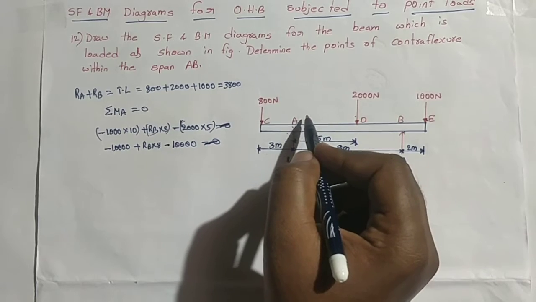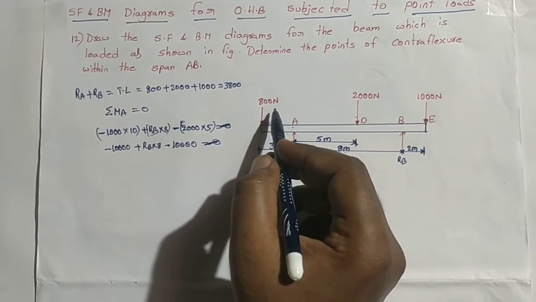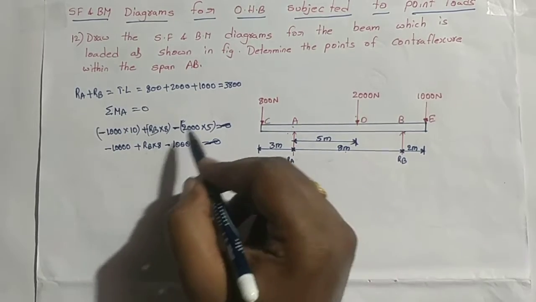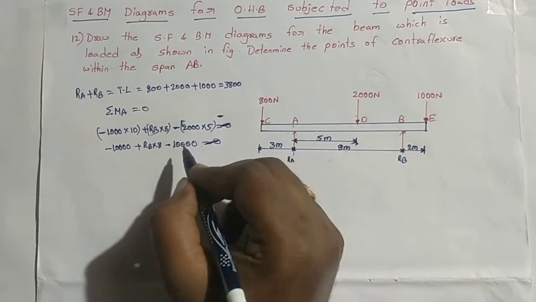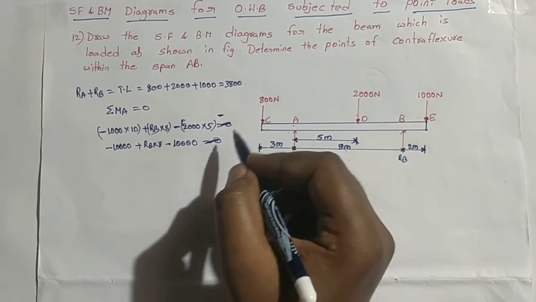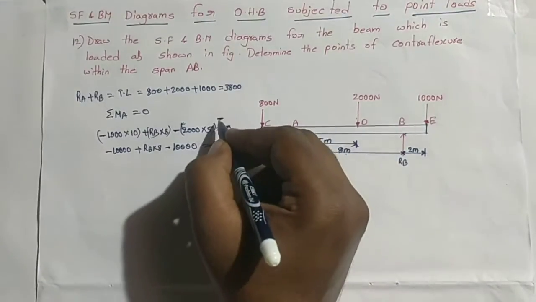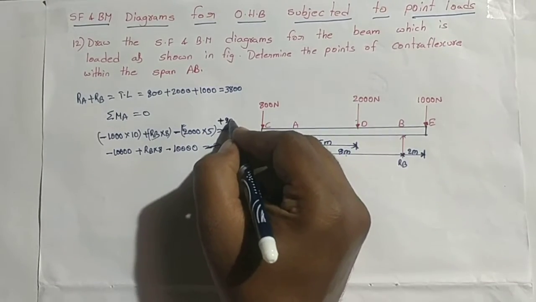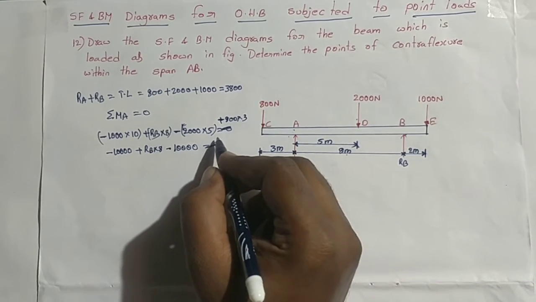On the right side we take clockwise as negative and anti-clockwise as positive. Here on the left side the 800 newtons is acting anti-clockwise, so it is taken as minus. Minus 800 into 3, that is 2400.